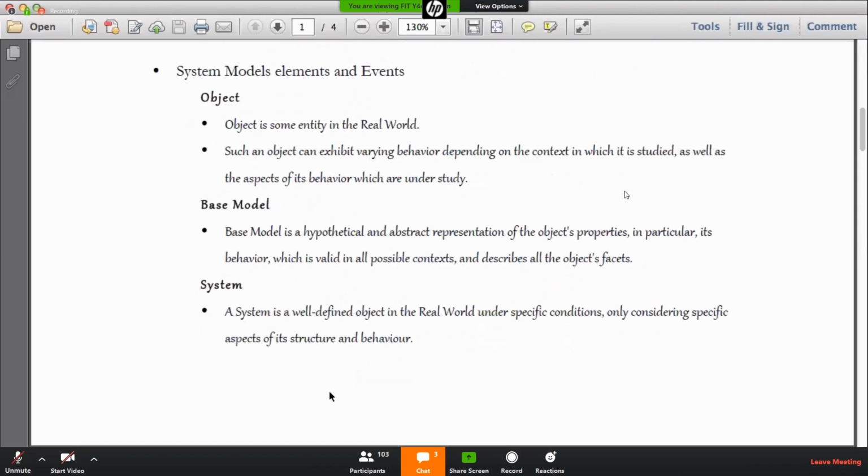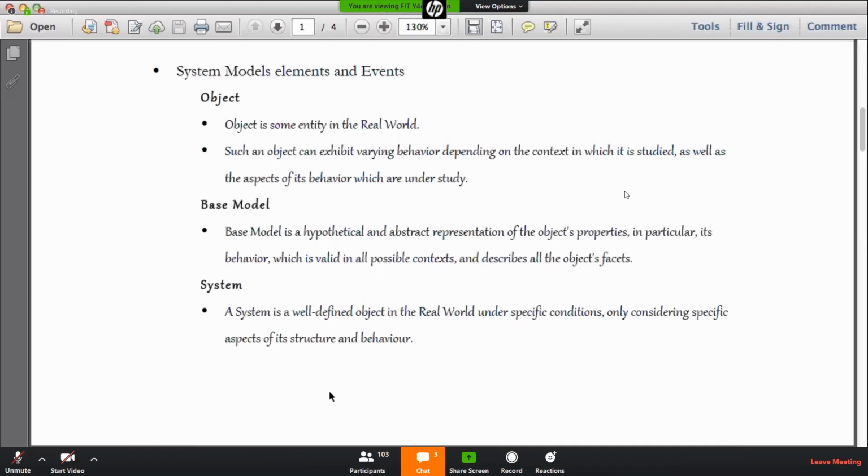From the basic definition, a system is made of components which interact in a defined manner to give an output.